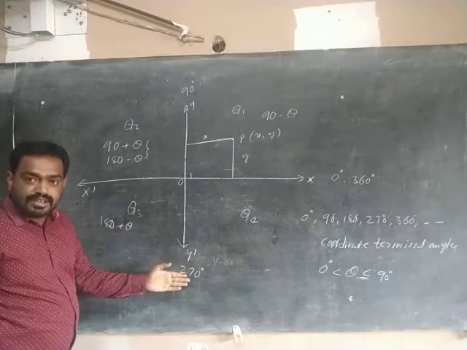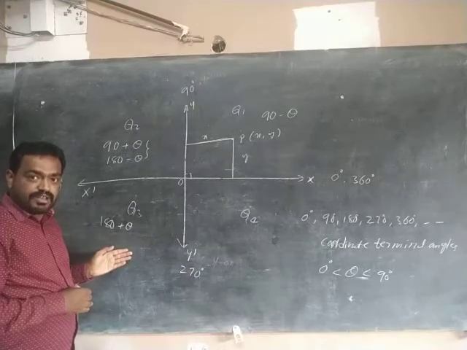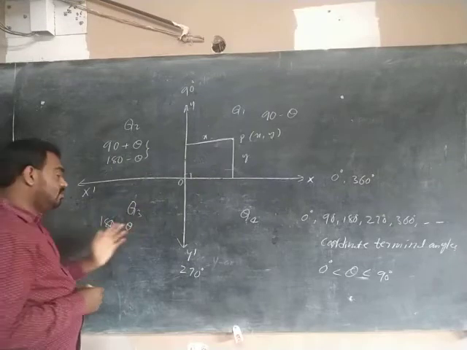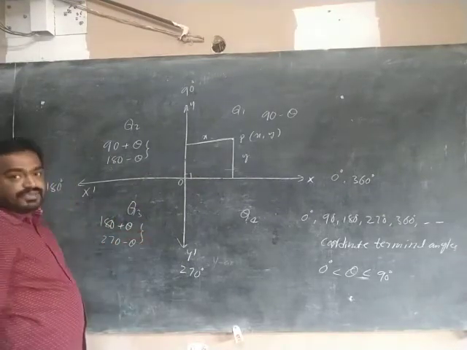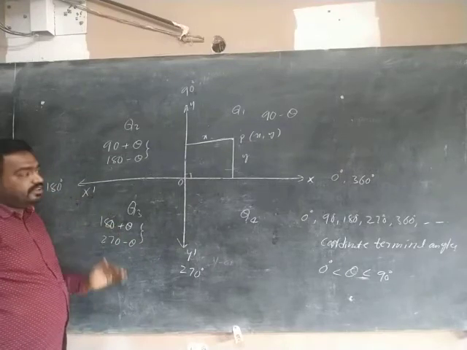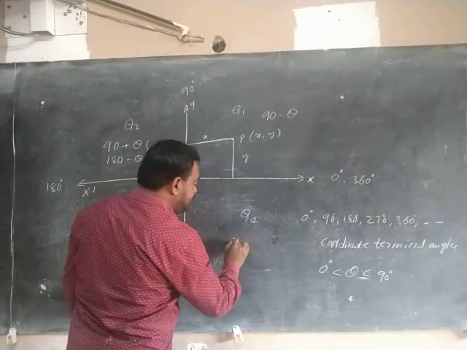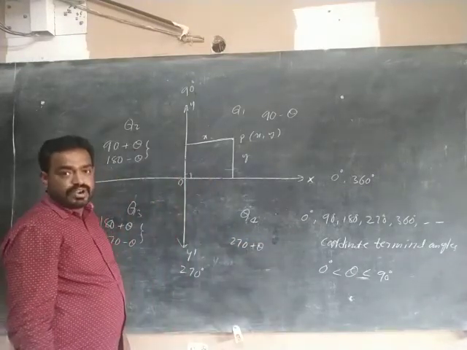Here 270 is there. If you subtract some angle, we go to the left side, because we measure in the anti-clockwise direction. So 270 minus theta is in the third quadrant. 270 plus theta is in the fourth quadrant.